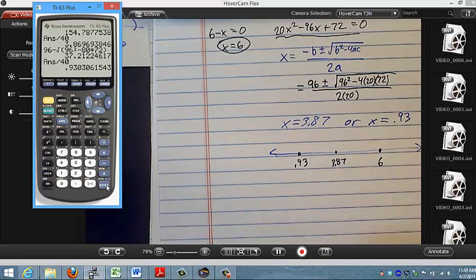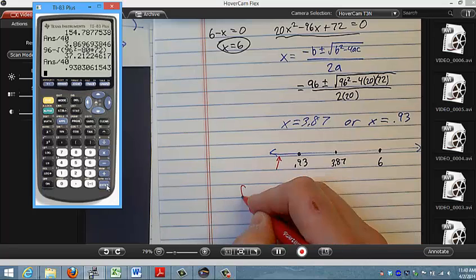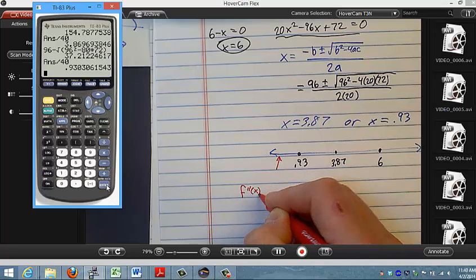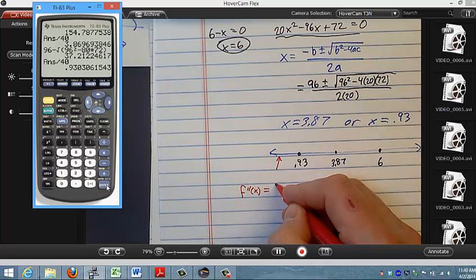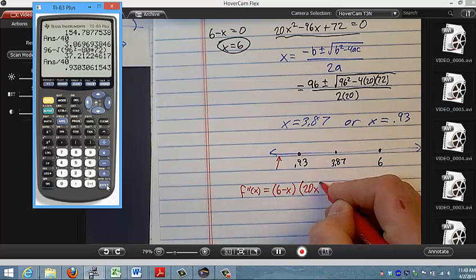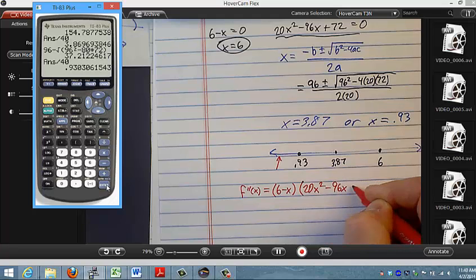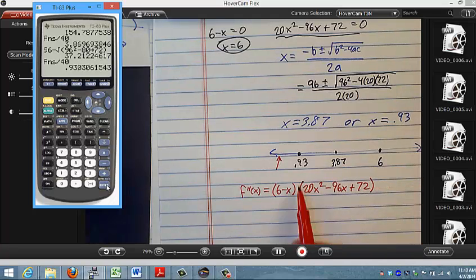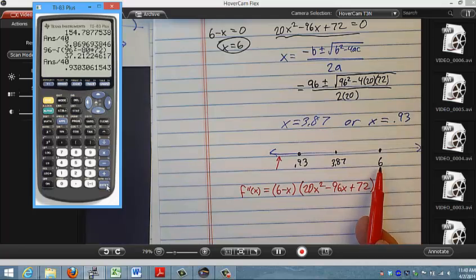We just saw, and again, let me remind you what I'm doing. F double prime of x is equal to, we said, 6 minus x times 20x squared minus 96x plus 72. And we found that for all three of these points, f double prime of x is 0.